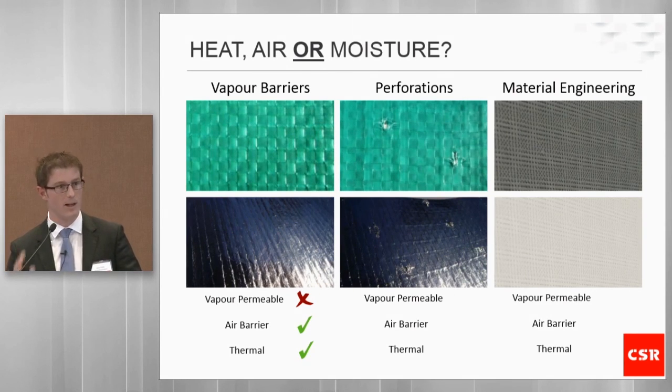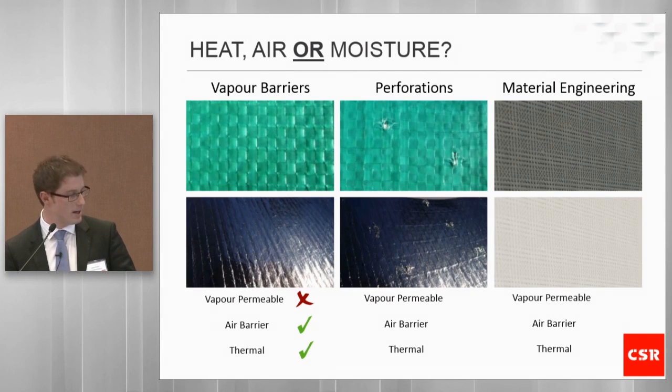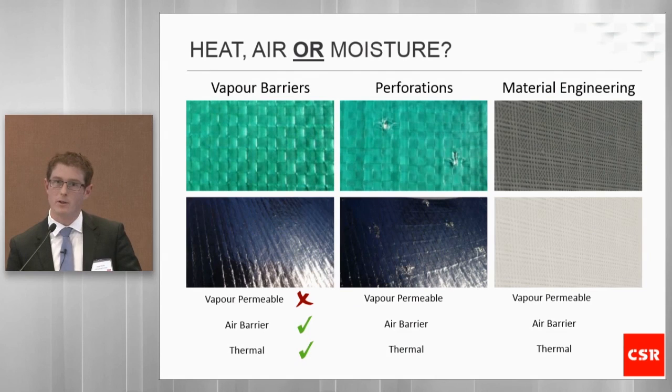Because of that layer of aluminium, they are almost 100% vapour barriers. They are also air barriers, so they will help us achieve the air tightness goals or the air infiltration that Angus was talking about. And they have this low emissivity aluminium foil surface that when you face this into a construction cavity or adjacent an air gap, it will help improve the thermal performance of the construction system.